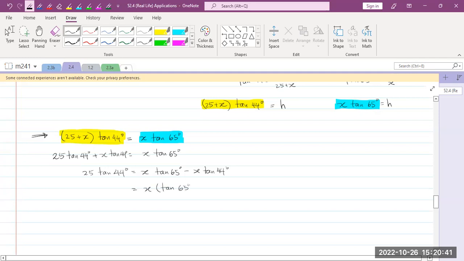You know where I'm going here. Now, once I subtract them, I will divide both sides by that group. It's 25 tangent 44 degrees divided by tangent 65 degrees minus tangent 44 degrees equals x.